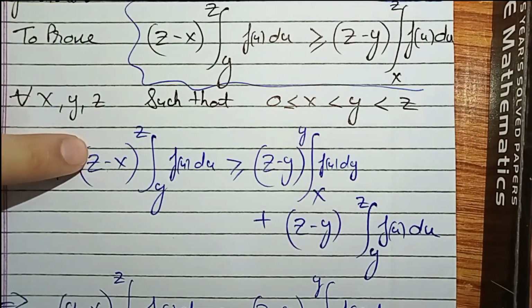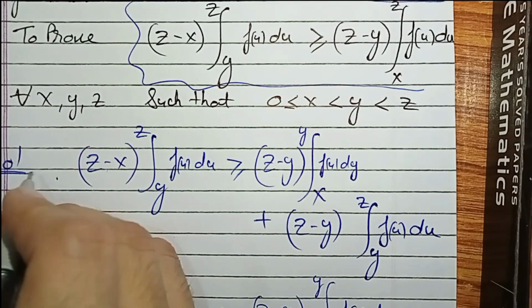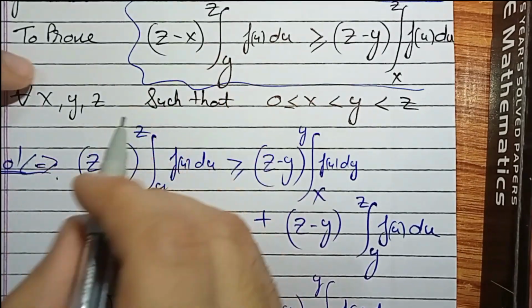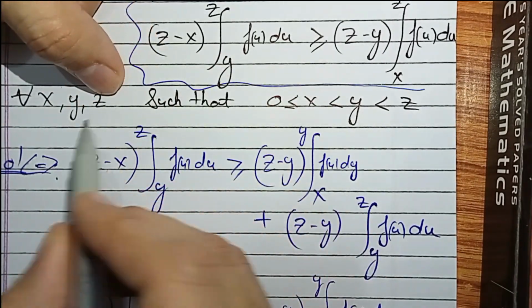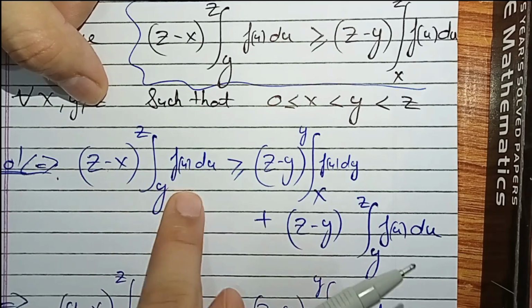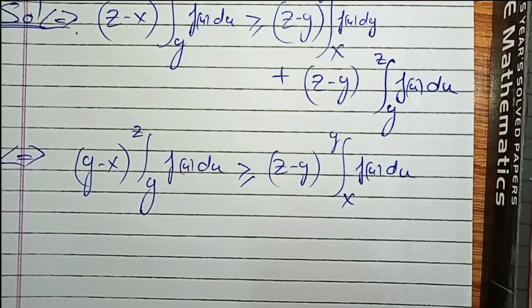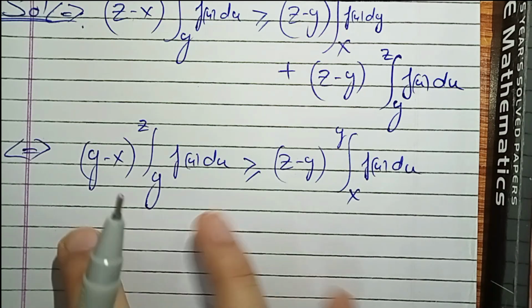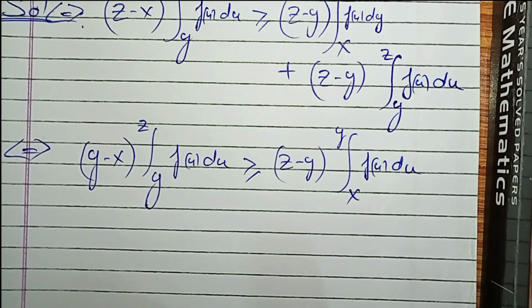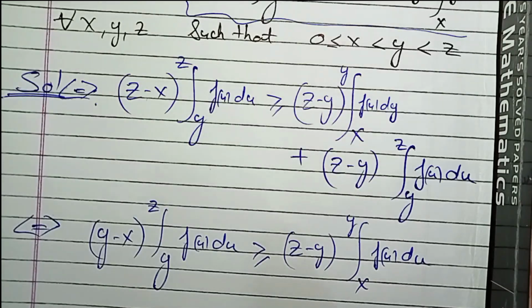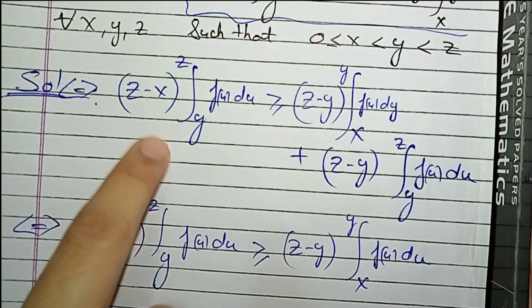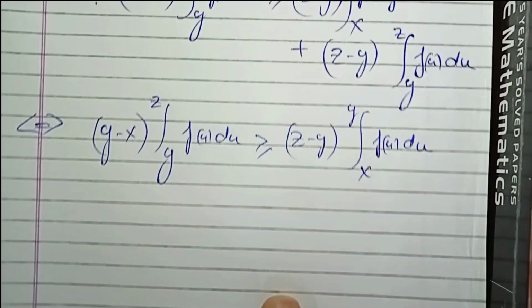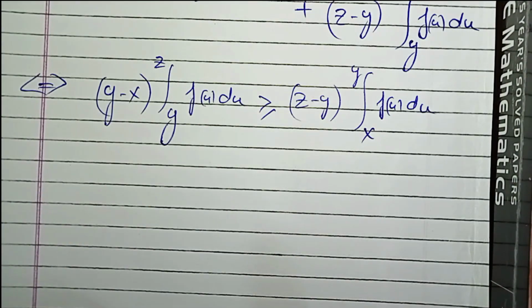First we broke down this to this, and this would be the second step, and this would be the third step. So we just have to prove this inequality now. If we manage to prove this one, from this one we can imply this, and from this we can imply the original one. So our focus is now this inequality.